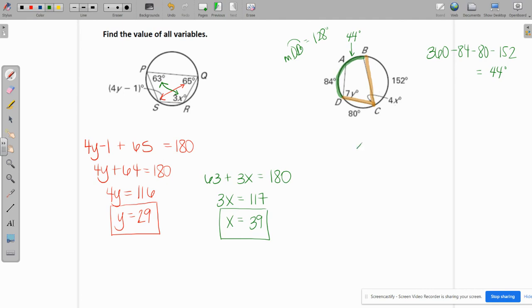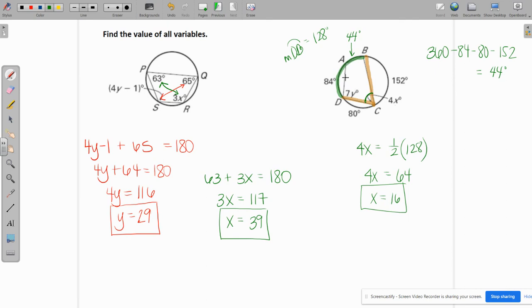So I know that 4x, this angle here, should be half of the measure of this intercepted arc. So 1/2 of 128 degrees. So 4x equals half of 128, which is 64. And if I divide both sides by 4, that means that we get x equals 16. This isn't the only way to do this problem, but it is one way.